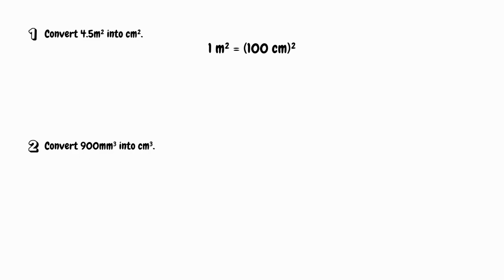So we're doing 100 centimeters multiplied by 100 centimeters, and that gives us 10,000 centimeters squared. So we now have our area unit conversion. So looking back at the question, we want to go from meters squared to centimeters squared. So we're moving from left to right, so that means we're multiplying by this number on the right-hand side. We're multiplying by this 10,000.